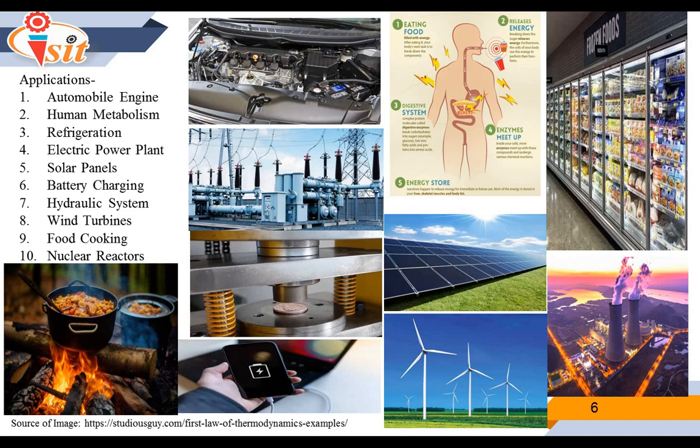When you drive a car, the process begins at the fuel pump. When you fill the gas tank, the gasoline is a chemical fuel that contains potential energy stored in the form of chemical bonds between its atoms. That potential energy is often referred to as chemical energy. So in this process, the first law of thermodynamics is evident.